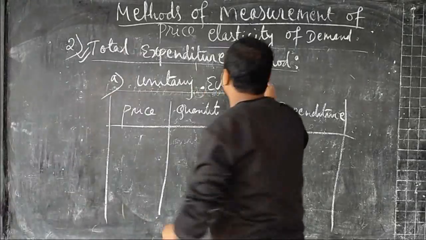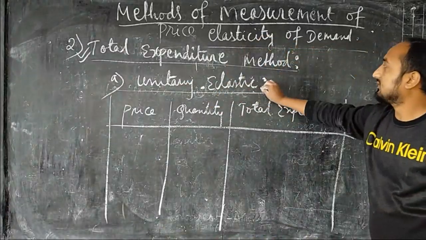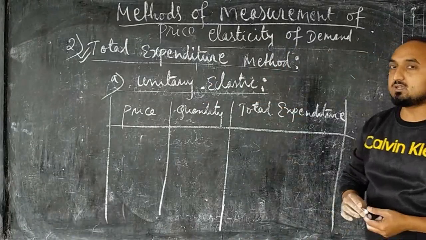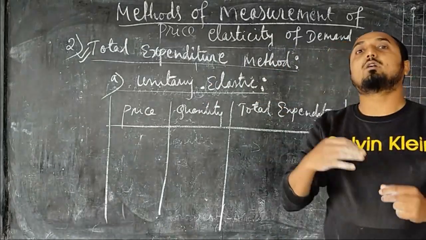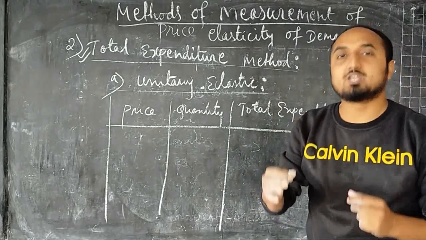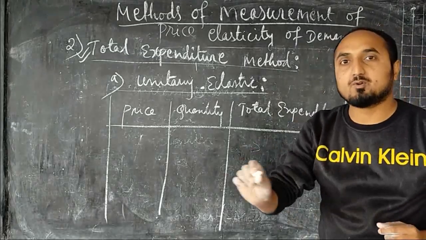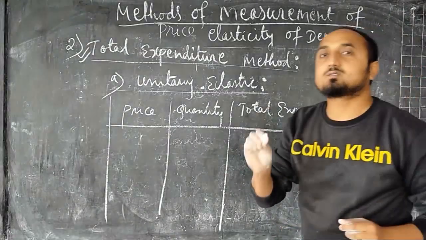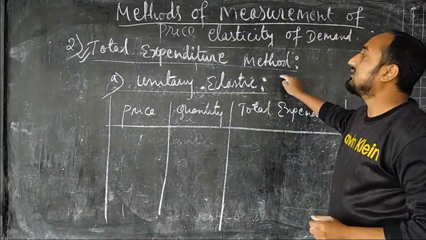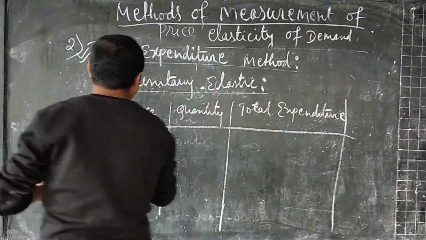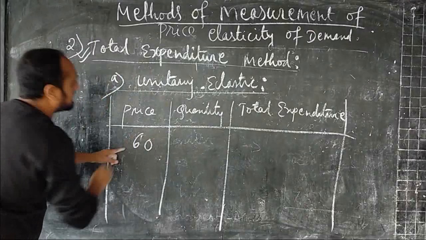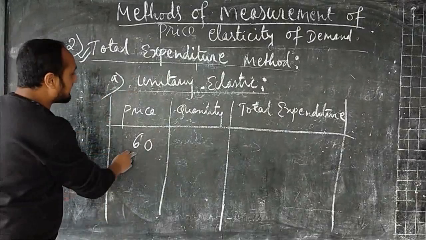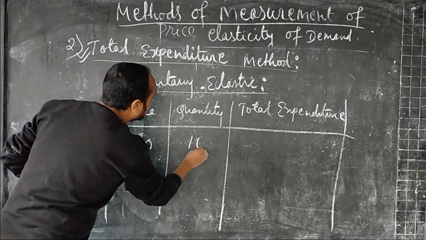Now next, what is unitary elastic? In the case of unitary elastic, when the total expenditure of a commodity does not change due to change in the price of a commodity, then elasticity is known as unitary elastic. For example, suppose the price of a commodity is 60, and quantity demanded is 10 units.